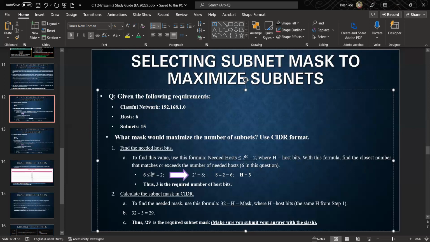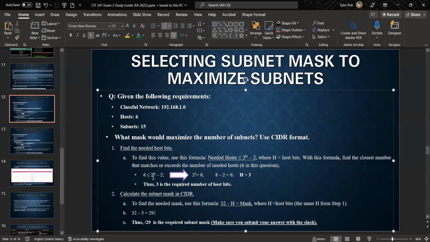Our answer on this side is probably going to be greater than 6, so that's why this sign is here. It could also be equal to it, but we need to find a power of 2. So we're doing exponents here. This exponent is going to be used down here in our calculation for the mask, not this equals number, but this h variable, which is a power of 2.